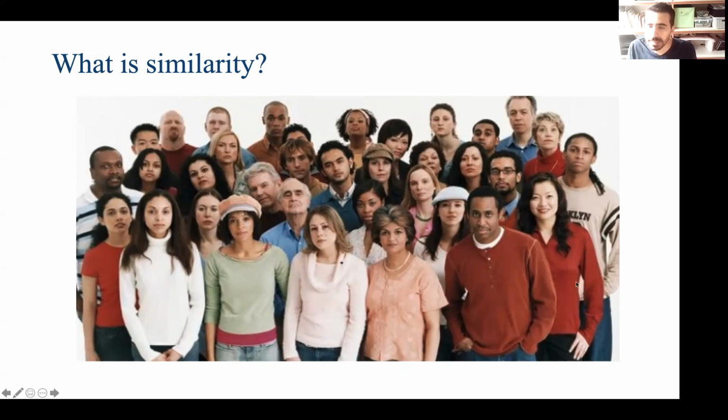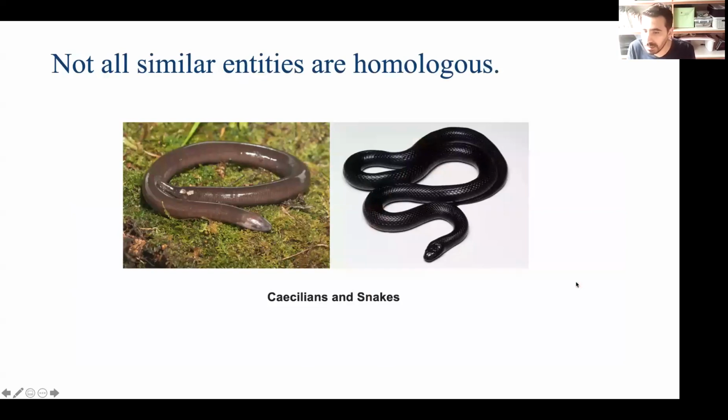So, for example, this can be given. Sicilians and snakes look similar. They both crawl, right? One may think that these two should have some sort of common ancestor, but this feature of crawling evolved independently.